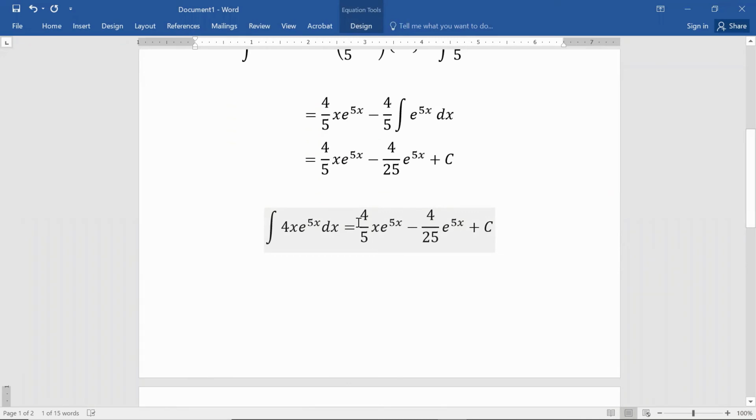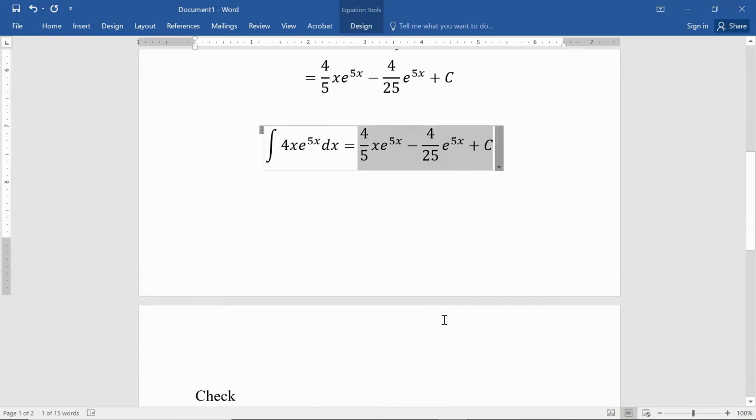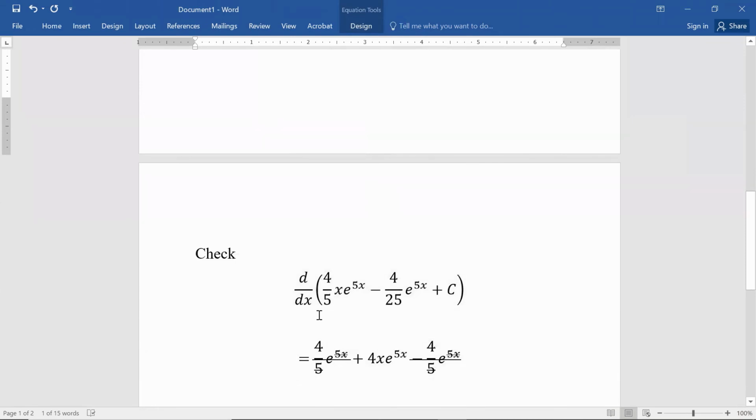The answer that we're looking for is this one. And again, what I'm doing there is I'm just showing you what's happening. You're getting two pieces from derivative of the first part, and one of those pieces is going to cancel with the derivative of this part.